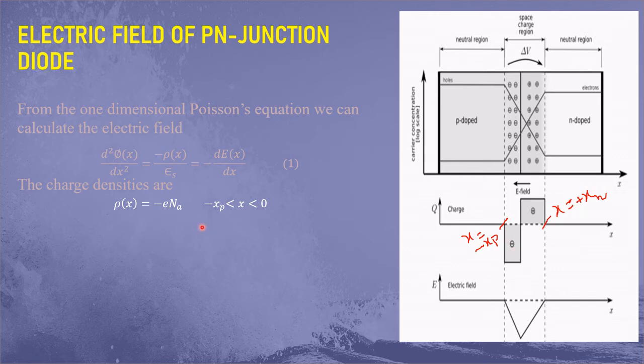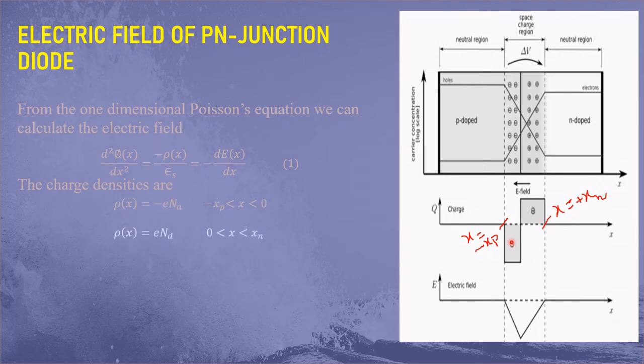E is the electronic charge. The limitation is minus xp to 0. So this is the negative charge density.